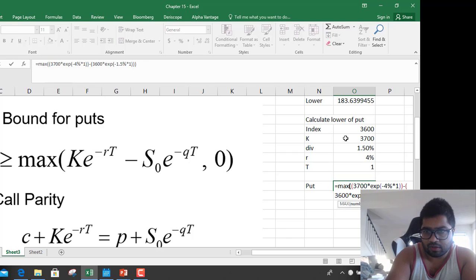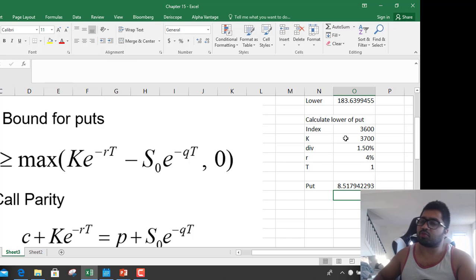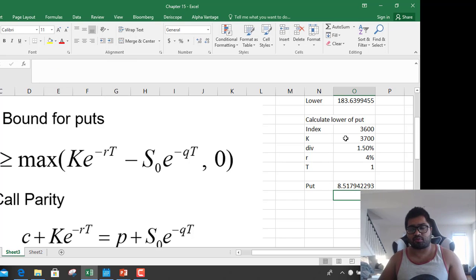Okay, and comma 0. So put price will be $8. Put price will be $8.